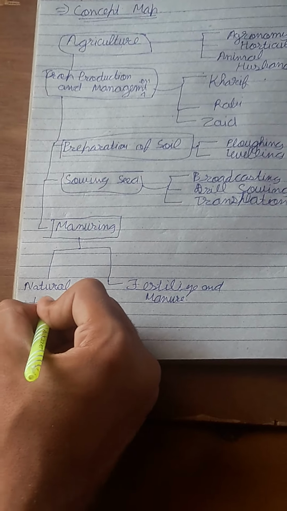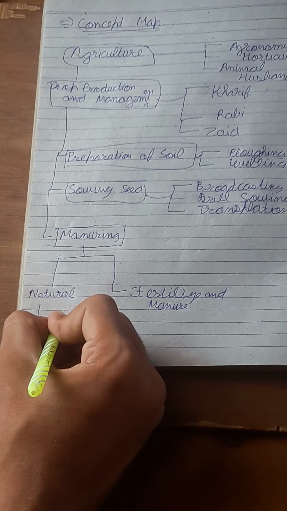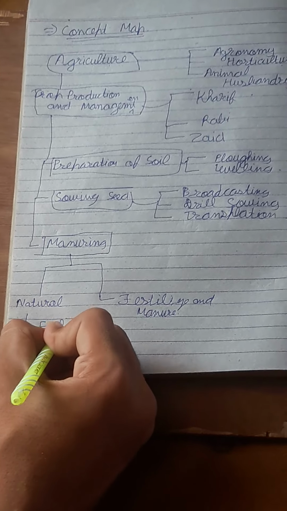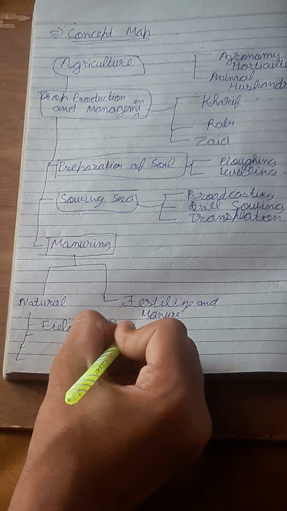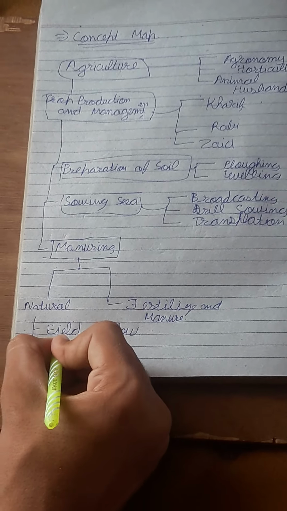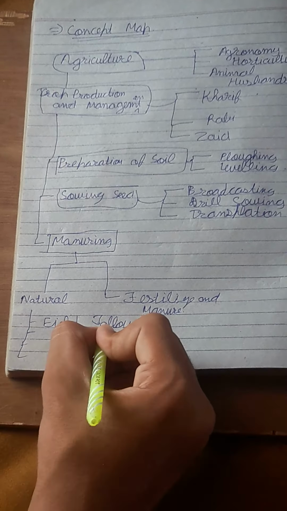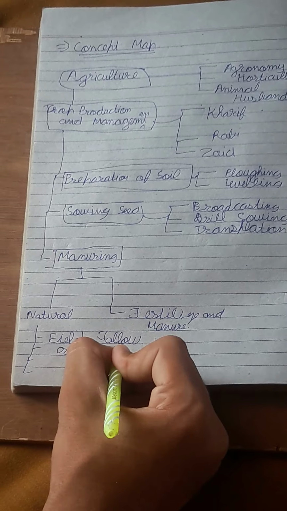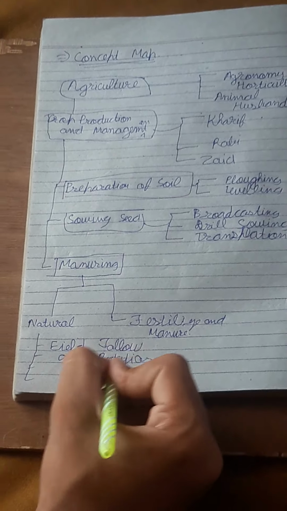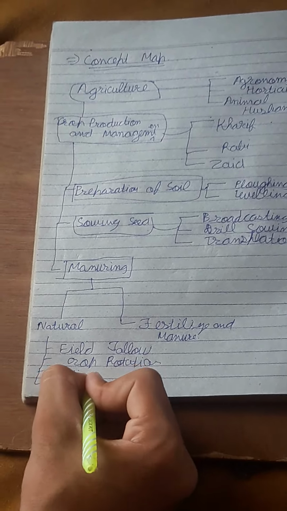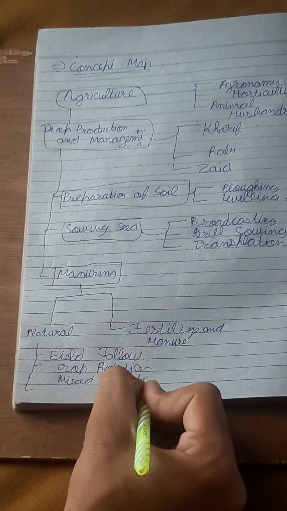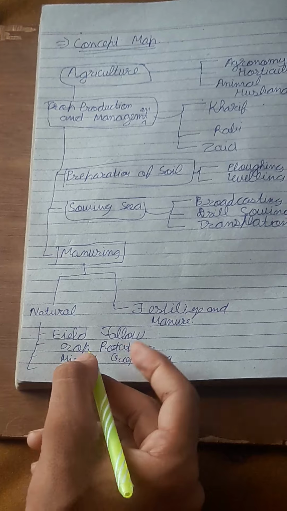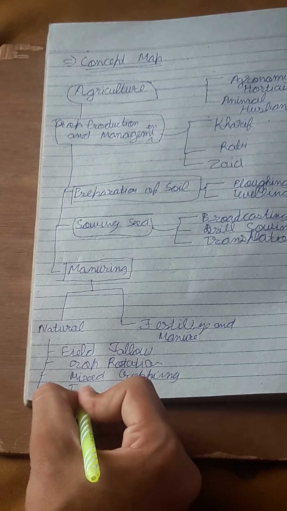These are field furrow, then crop rotation, mixed cropping, then we learn about intercropping.